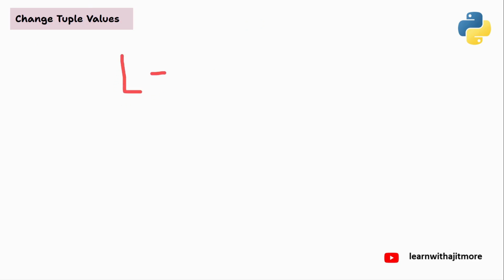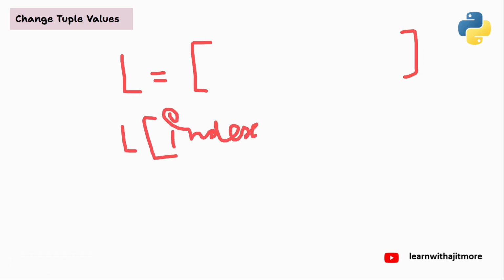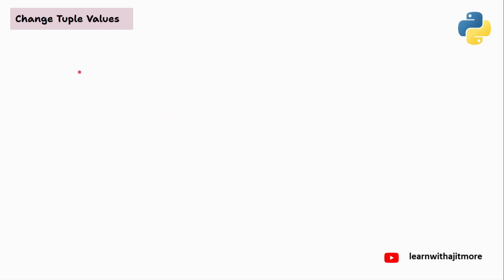Suppose you have a list, you can modify any of the elements just by writing L of index equal to value. Whenever you assign it, whoever is there at that index will get replaced with this value. Such an operation is not allowed for tuple.